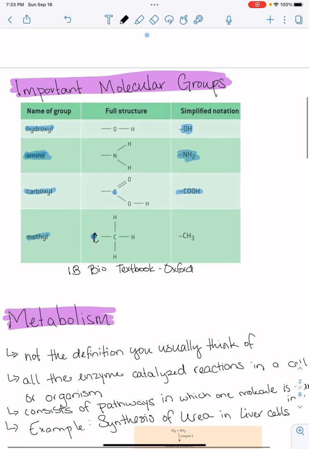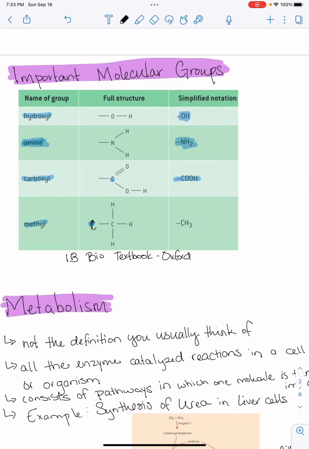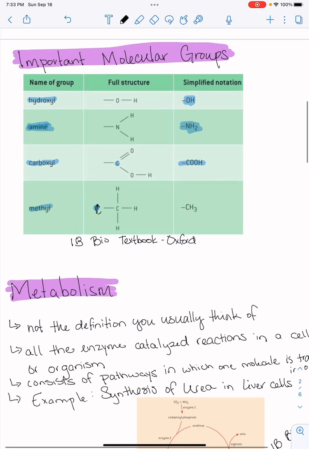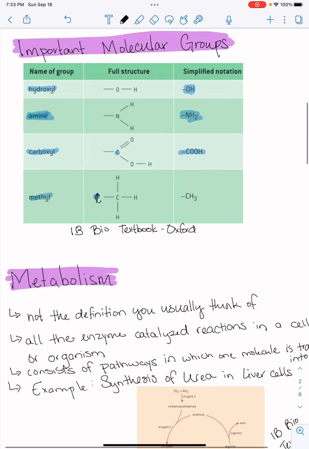So I might talk about these certain groups, and we might mention them in class. So just so you are aware of those names and what they mean.